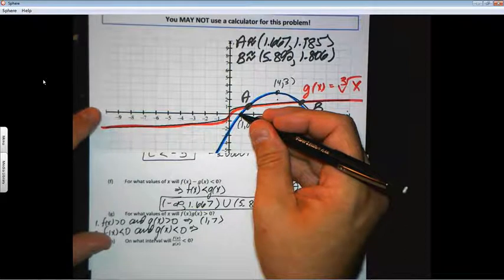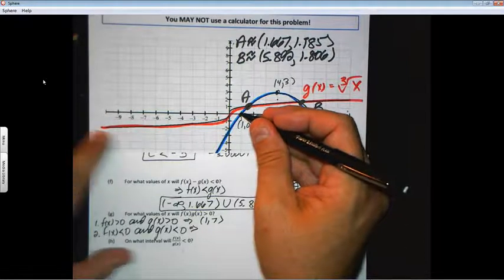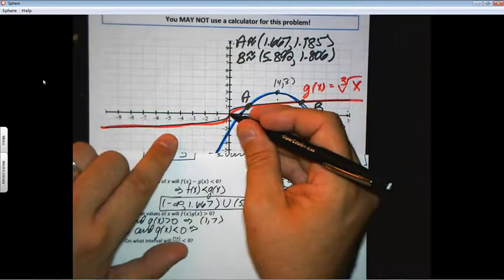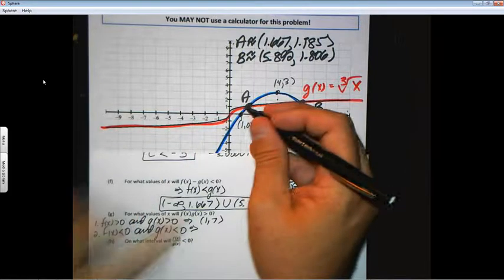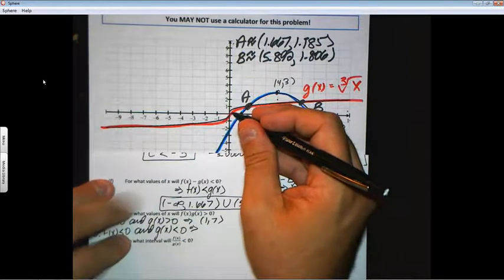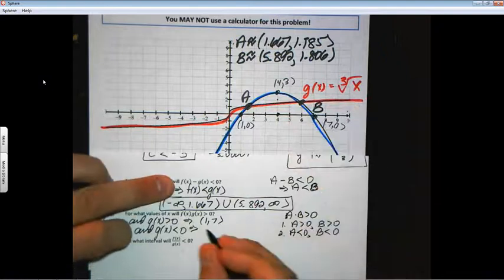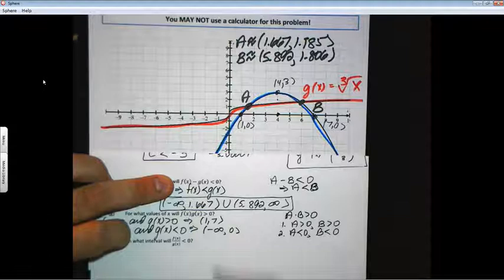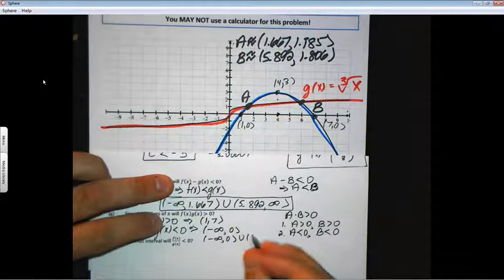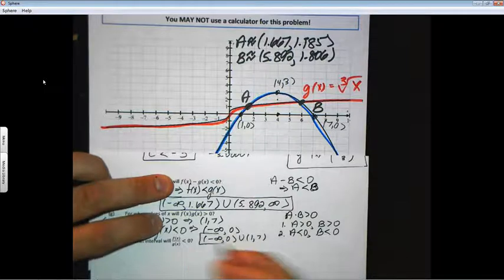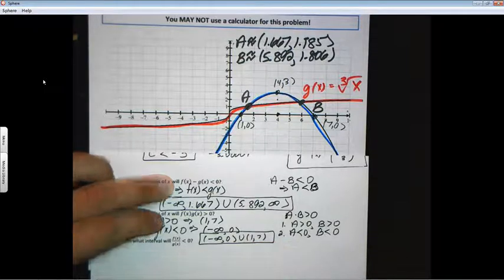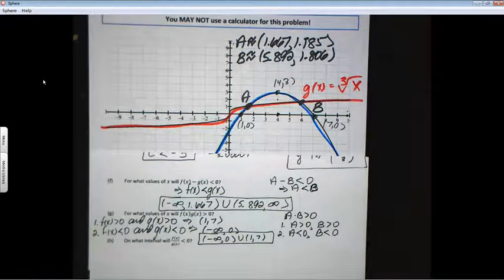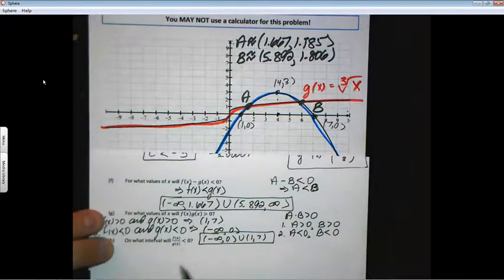If I go to the other end, f of x is less than 0 from negative infinity up until 1, but the red graph is negative from negative infinity to 0, and then from 0 to 1, the red graph is positive. Since I need them both to be negative at the same time, then I'm going to look on the interval negative infinity to 0. And so the final answer should be negative infinity to 0 union 1 to 7, and we're going to put a bracket around that.